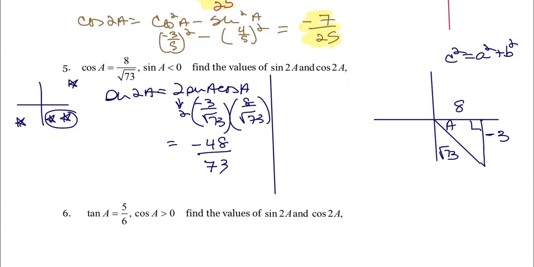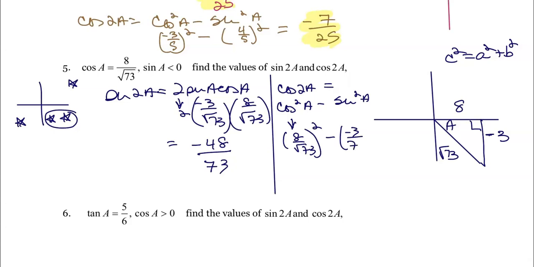Let's do the next one. So cosine 2a, that's going to be cosine squared a minus sine squared a. And when I do this, I am going to pull this down as 8 over radical 73 squared minus a negative 3 over radical 73 squared.